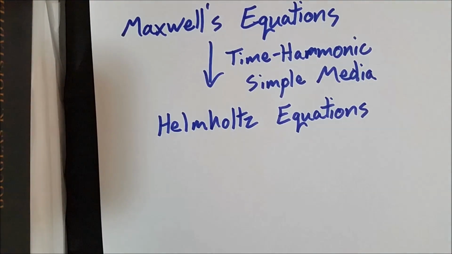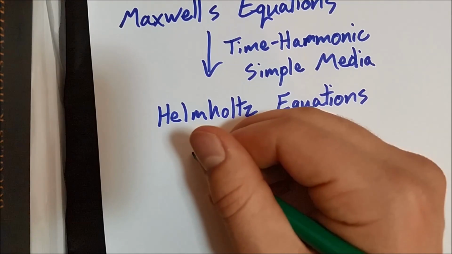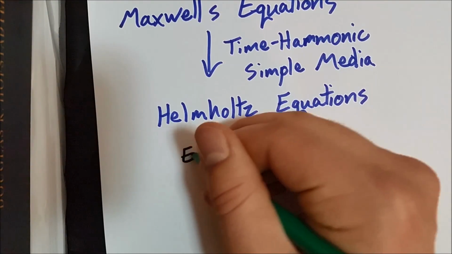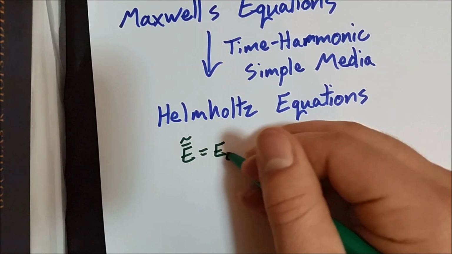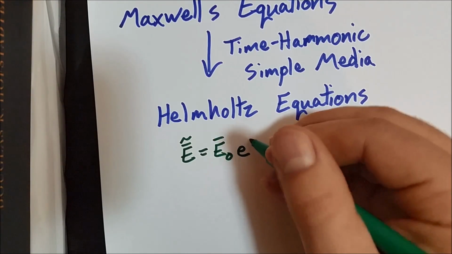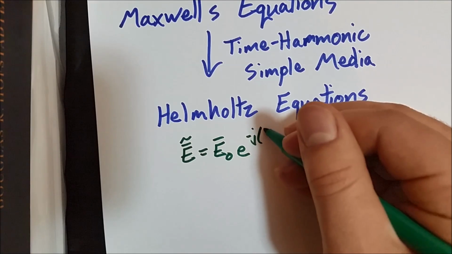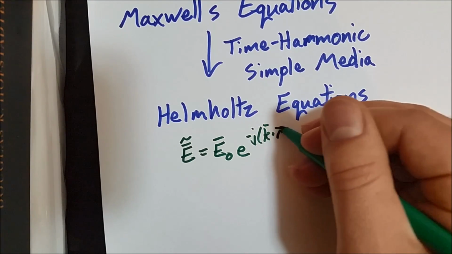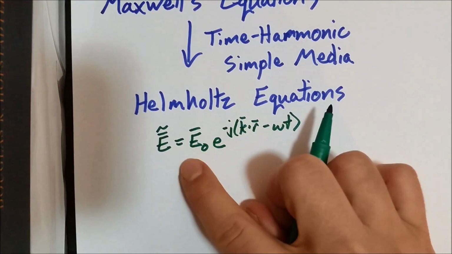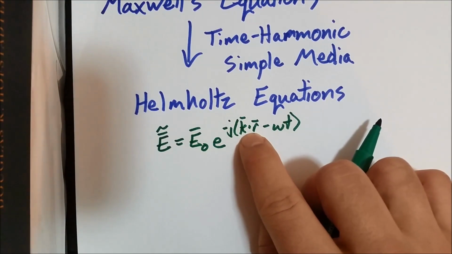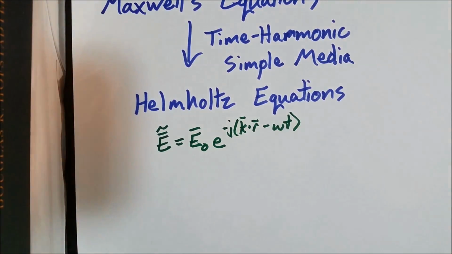And from the Helmholtz equations, we can sub in the complex exponential solution for plane waves. Which shows that the electric field varies with space and time.